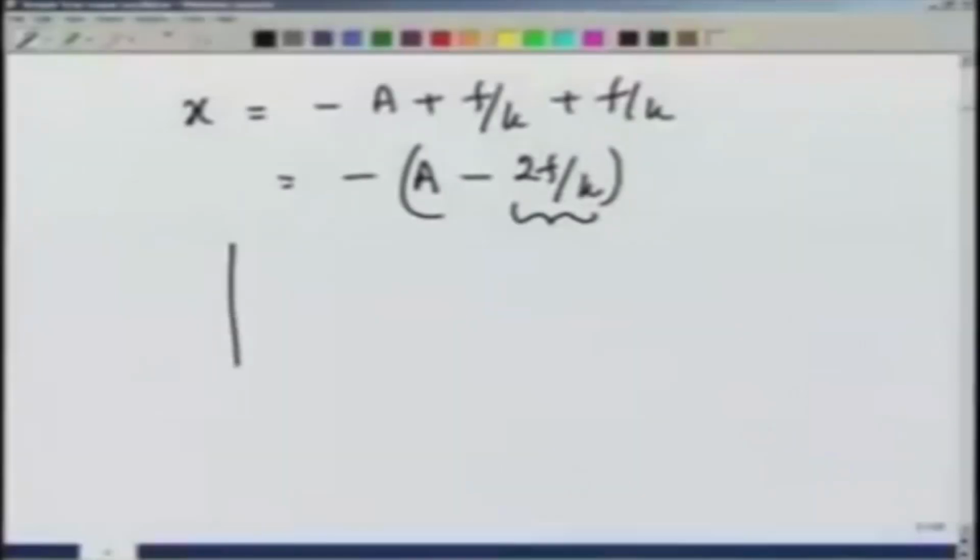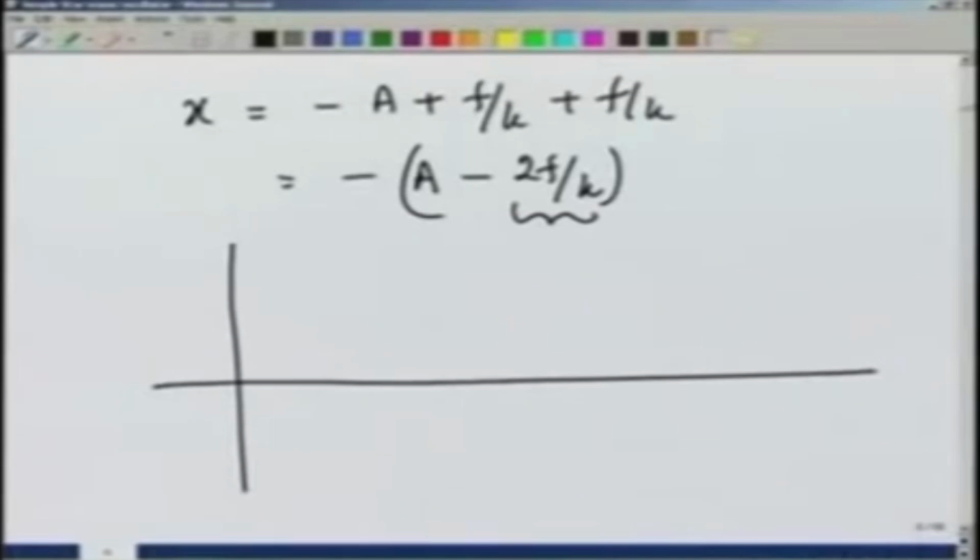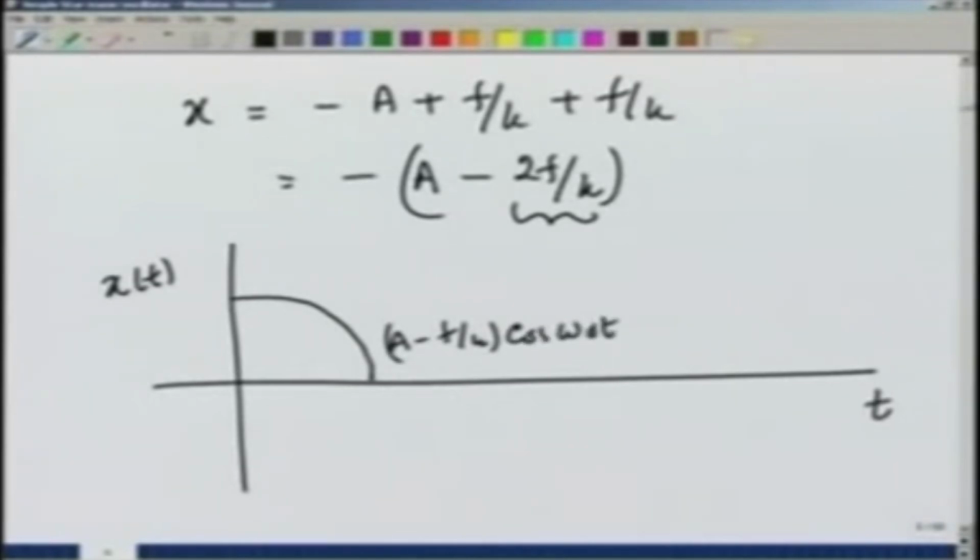looks. So, if I were to plot in the first half cycle x(t) versus t, this curve shows minus f over k cosine of omega 0 t. What I got to do to this, let me complete this, it comes up to this point, is add it to f over k.